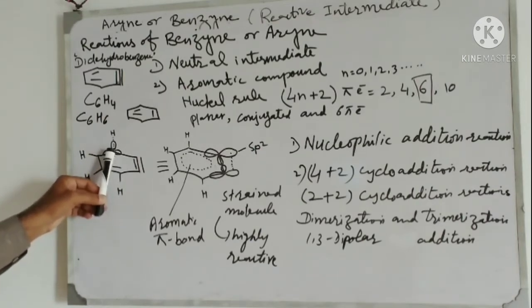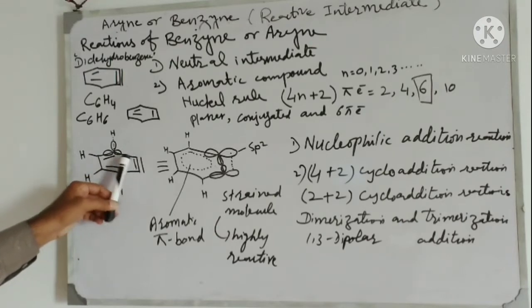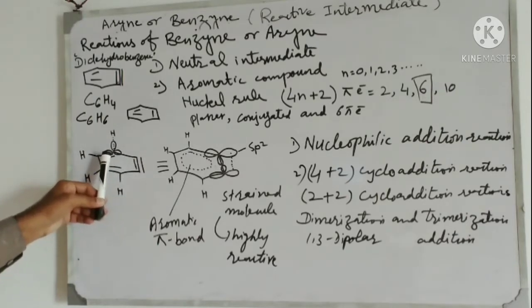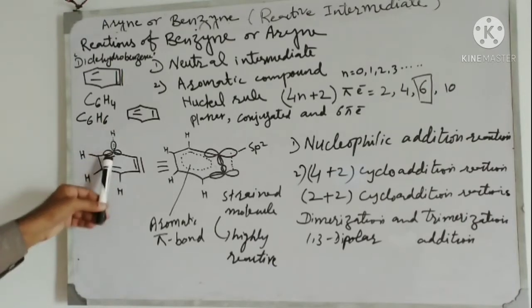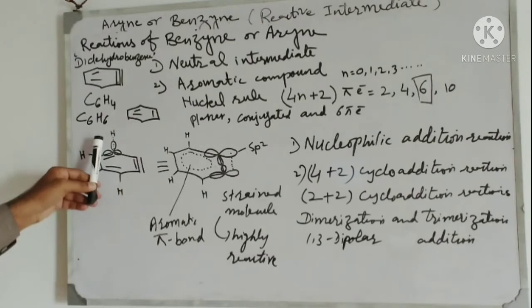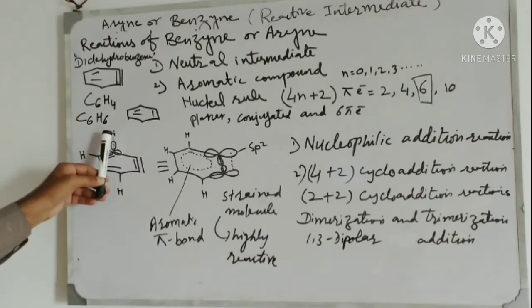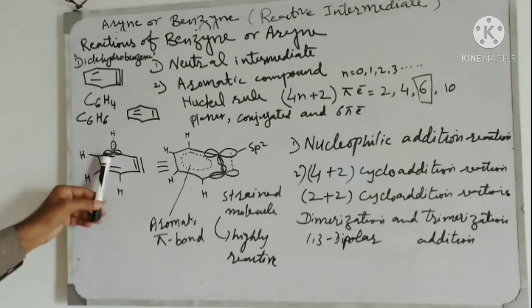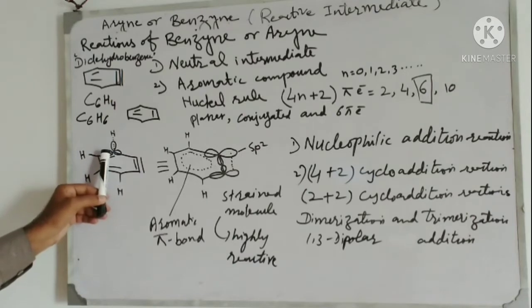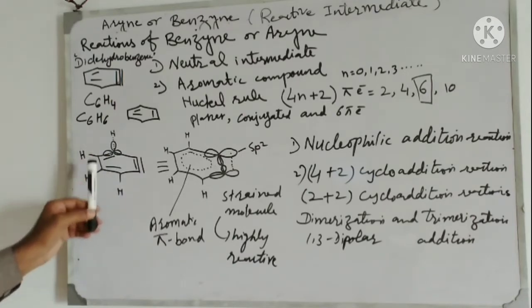This carbon makes 1 sigma bond with this carbon through sp2 orbitals overlapping. It also makes a sigma bond with this hydrogen, an sp2-s overlap, and a third sigma bond with another carbon through an sp2 hybrid orbital.